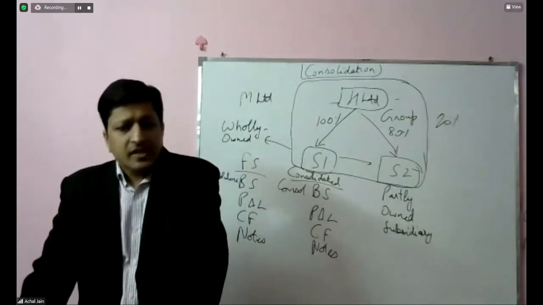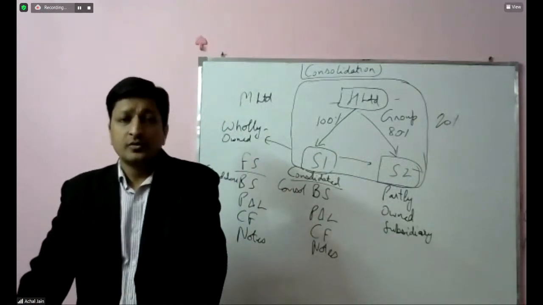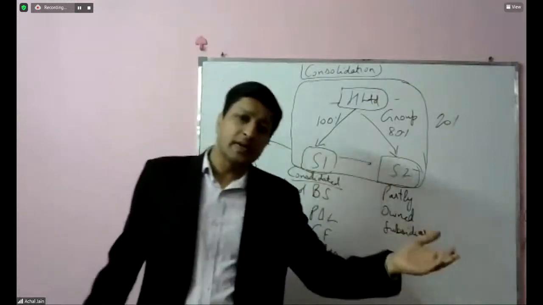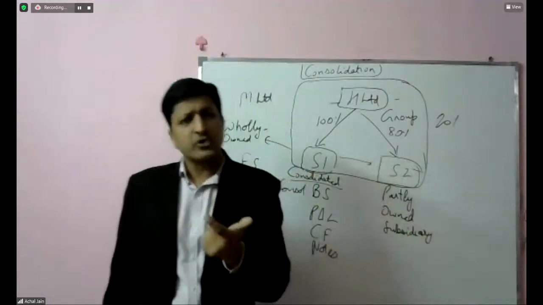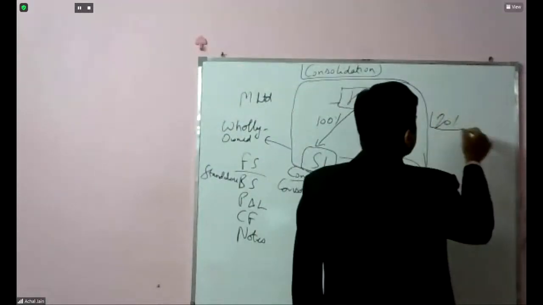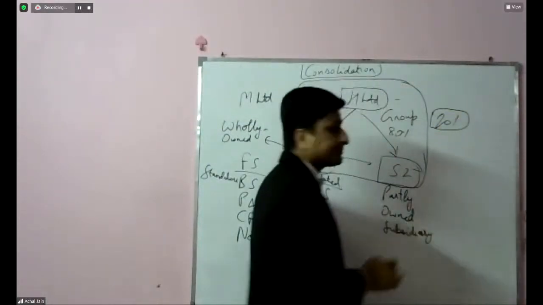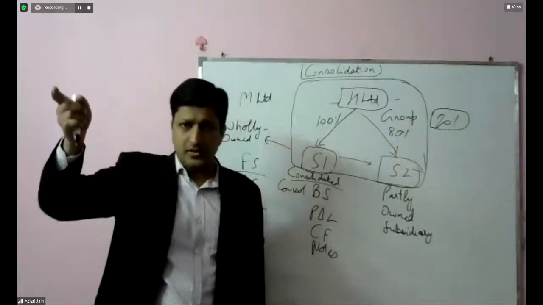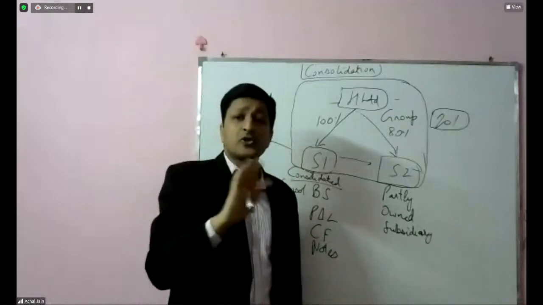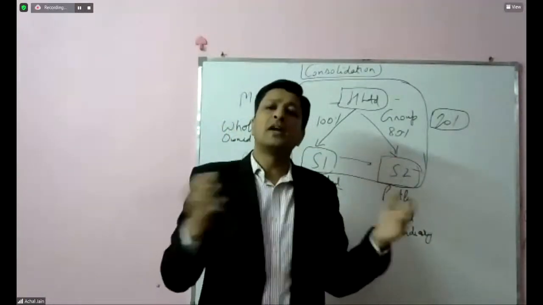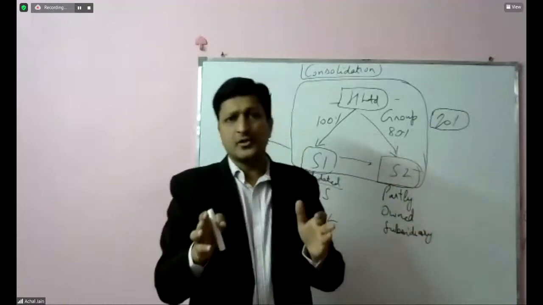Now, as we discussed, for S2, 100% shares are not held by H Limited. Some portion of its shares, what was that? 20% of its shares are held by other shareholders. We are not sure whether it's one shareholder or multiple shareholders holding 20%.